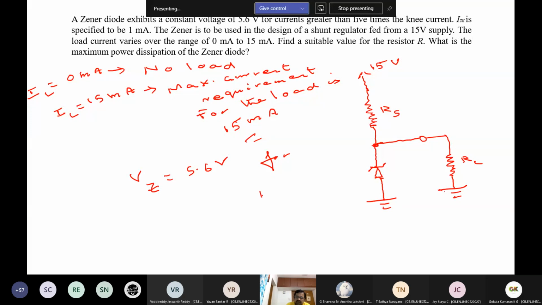The knee current IZK is specified to be 1 milliampere, and the voltage is given for all currents greater than 5 times IZK, 5 IZK.